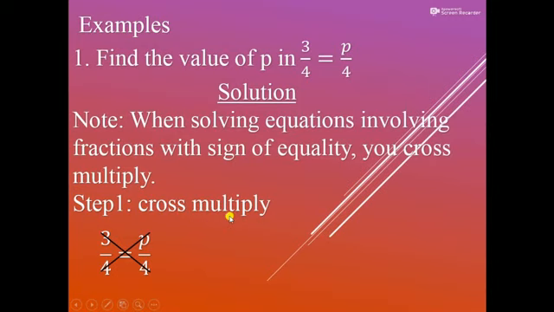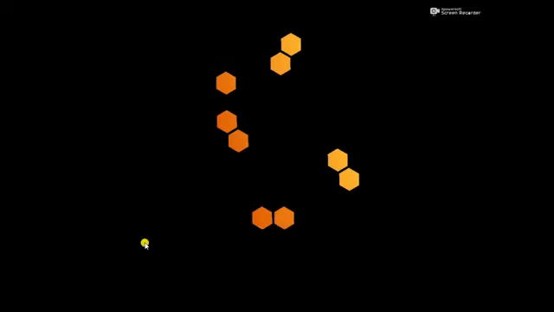Cross multiply. That is, 3 will be crossing at the same time multiplying 4, and also 4 will be crossing at the same time multiplying p. When this is done, let's look at the next result.